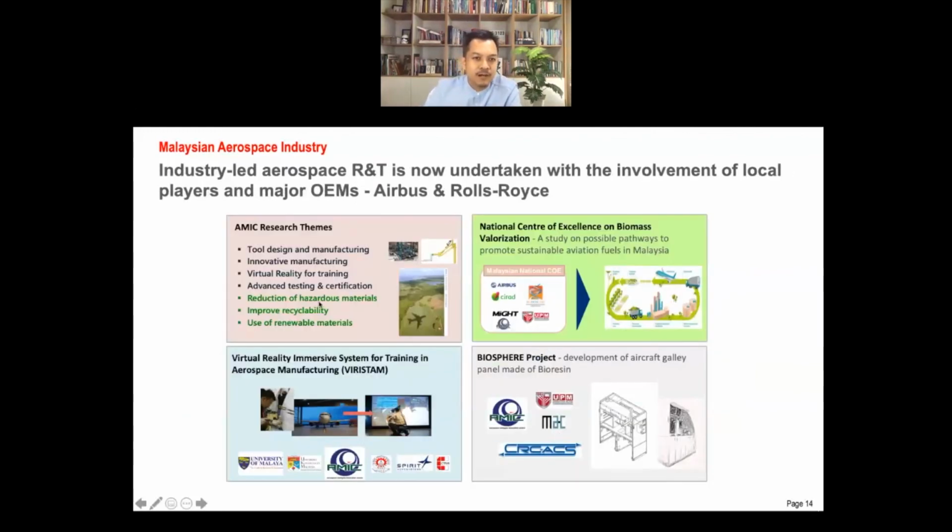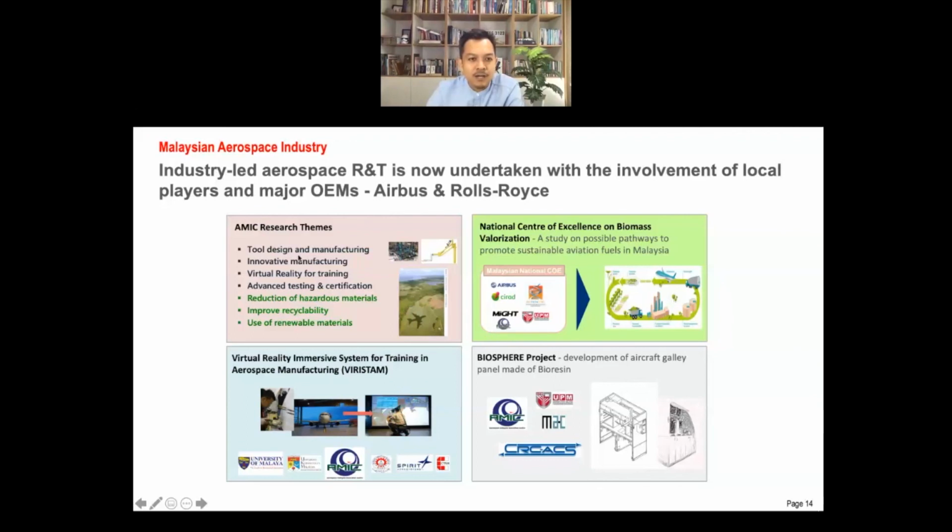Industry-led aerospace R&D is now undertaken with the involvement of local players and major OEMs, namely Airbus and Rolls-Royce. This is actually an initiative under the offset program. So there are offset obligations by Airbus, as well as offset obligations by Rolls-Royce, that initiated the establishment of AMIC.